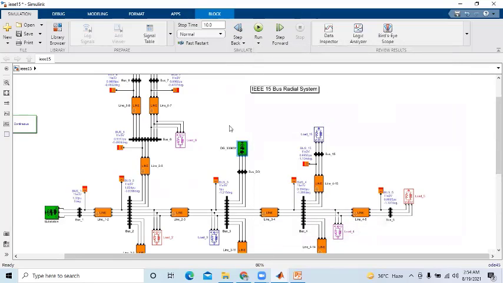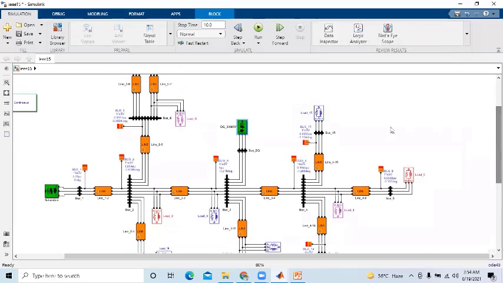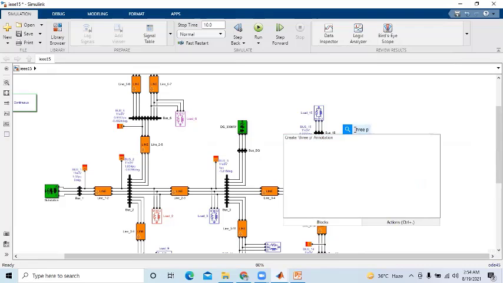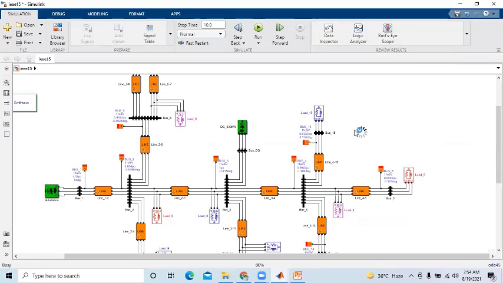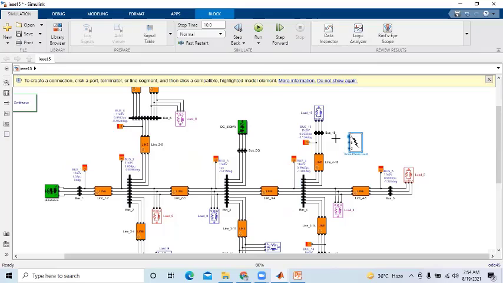So now let's create a fault over here. In this we will add one component of a three-phase fault that we are connecting at bus number 15 over here.